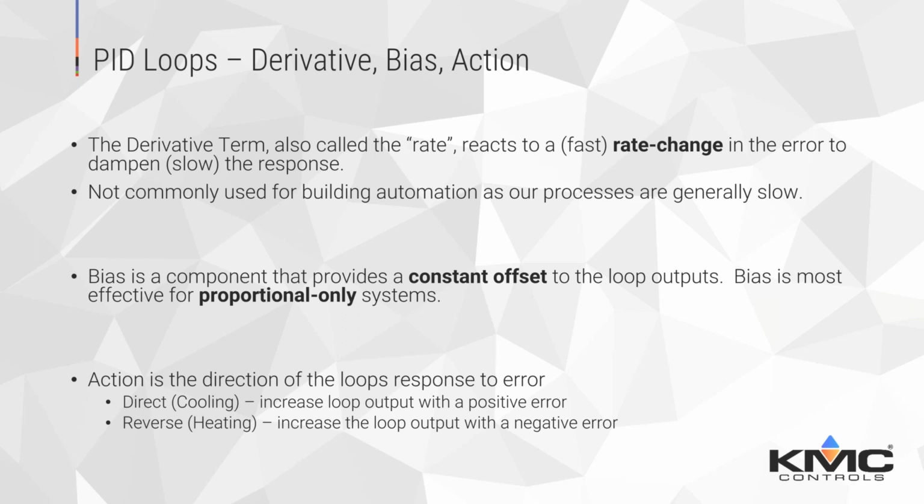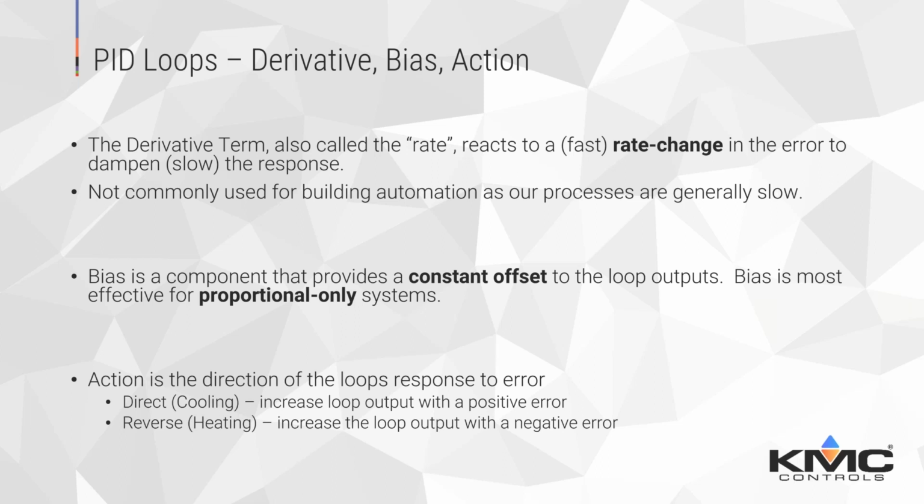And if we start introducing derivative without tuning our other properties, it's going to give you some responses that may be confusing or hard to tune. So generally we say stay away from derivative unless you're doing something that you know is a very fast changing medium in your building.